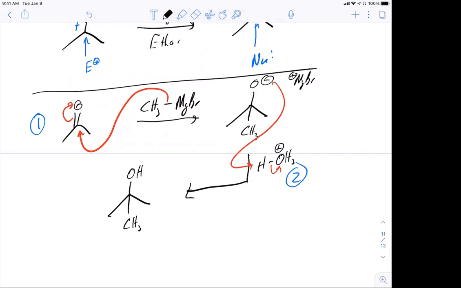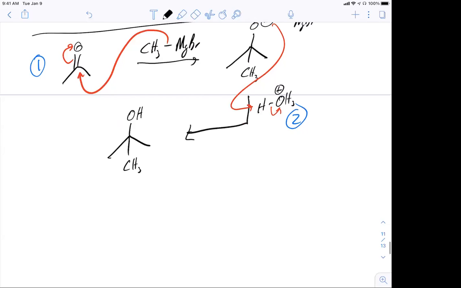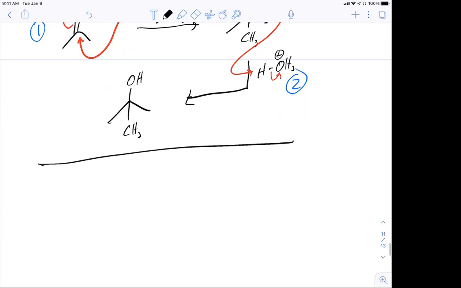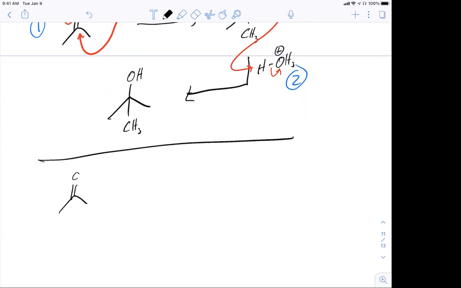Okay. Questions about this mechanism? Similarly, we could take an aldehyde, such as benzaldehyde, react that with an ethyl Grignard reagent.